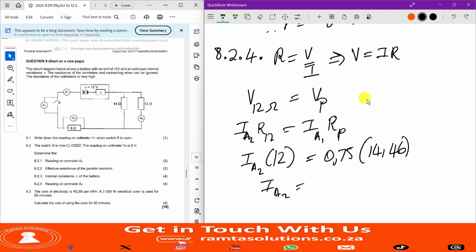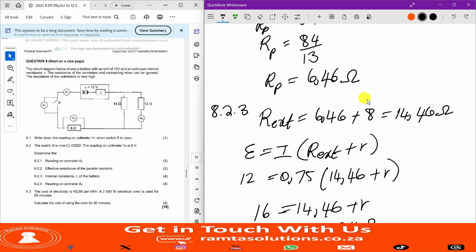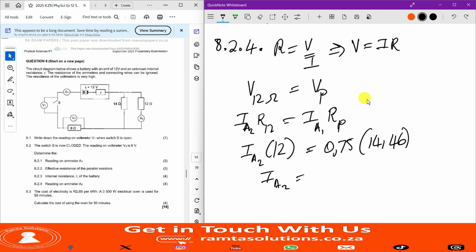Let's make sure. Oh, my mistake. RP was not 14 but 6. Let me fix this. It was 6.